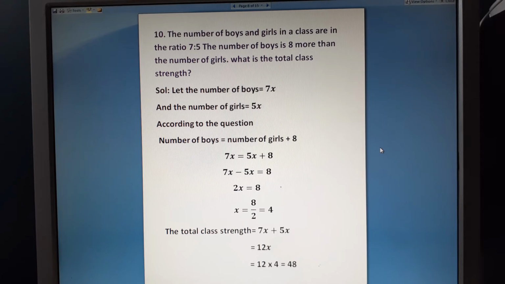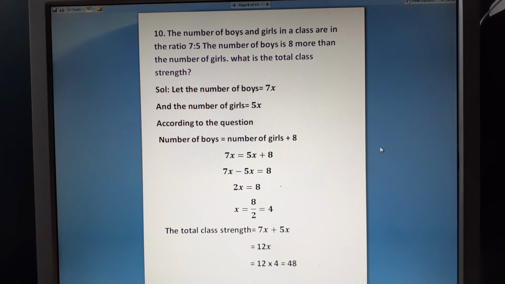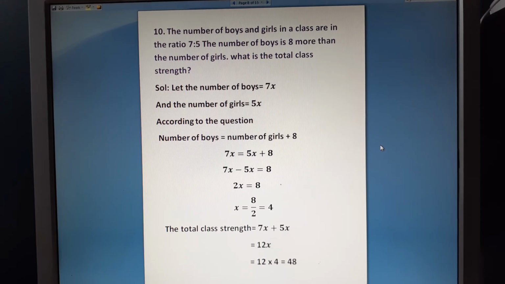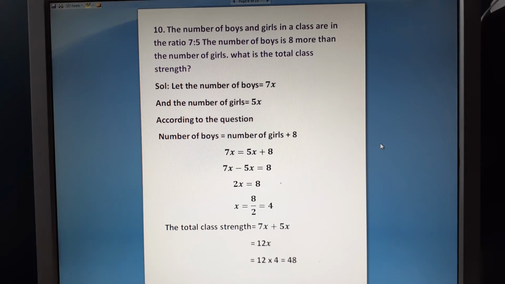Next one, 10th problem. The number of boys and girls in a class are in the ratio 7:5. The number of boys is 8 more than the number of girls. What is the total class strength?